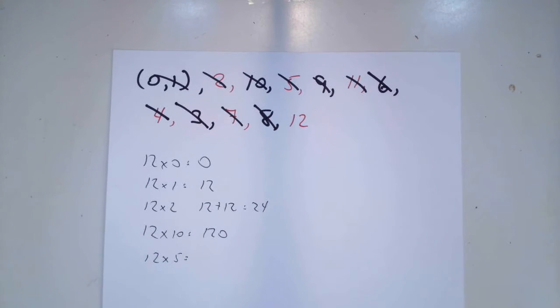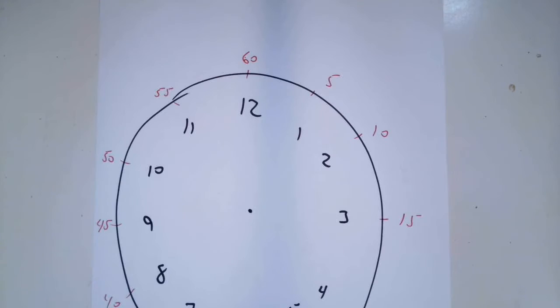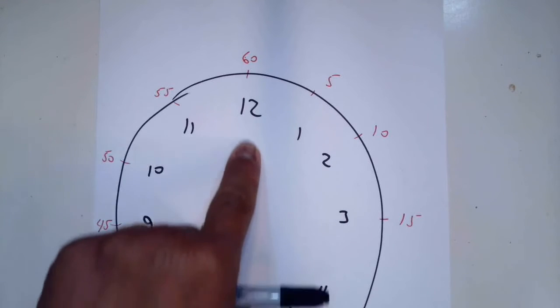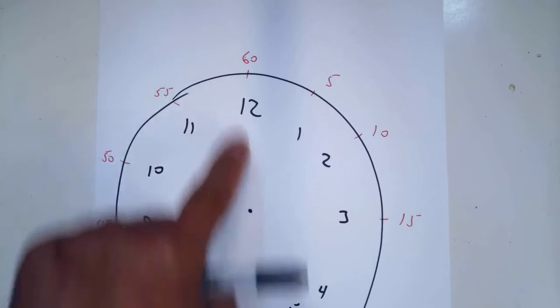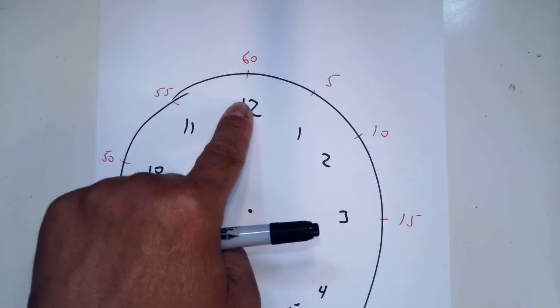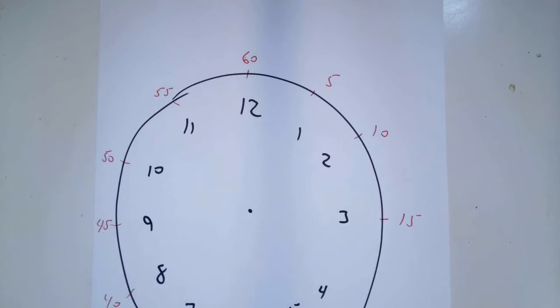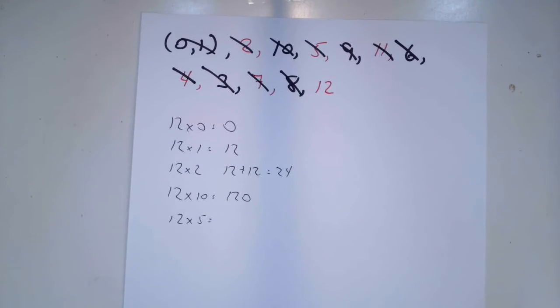Think about a clock. Now, when I say think about a clock, this is what I mean. Okay? Put your finger here, slide it up, 60 minutes. So 12 times 5 is 60, or 5 times 12 equals 60. Okay? This is really important for the 5 times tables. Helps you out a lot. So, think about a clock.